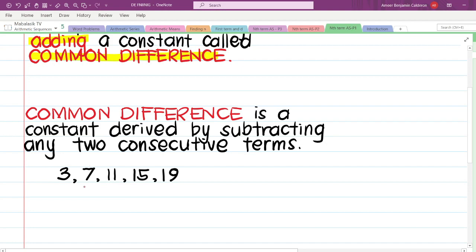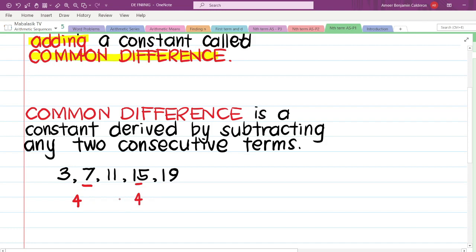So if we take one term, let's say for instance, I take 7, and I subtract 3 from 7, what do I get? I get 4. If I take, for example, 15, and I subtract 11 from 15, I get 4.